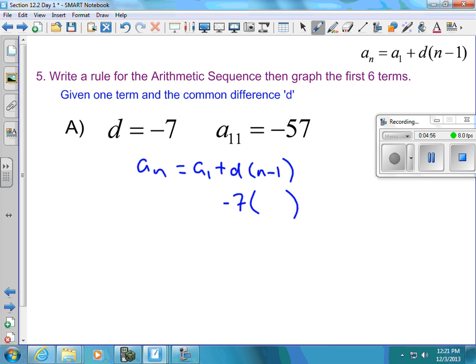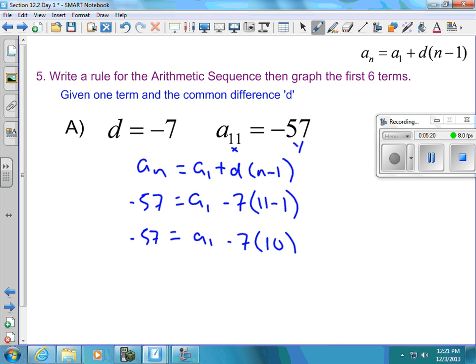We know our 11th term is negative 57. So n is our x, and this is our y. We can plug those in, simplify, and solve for a sub 1.